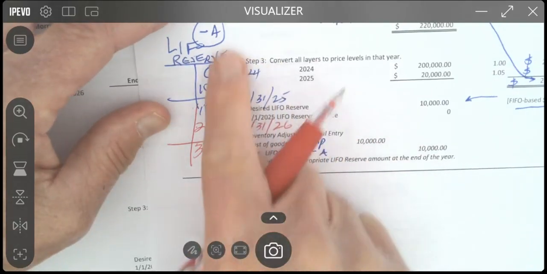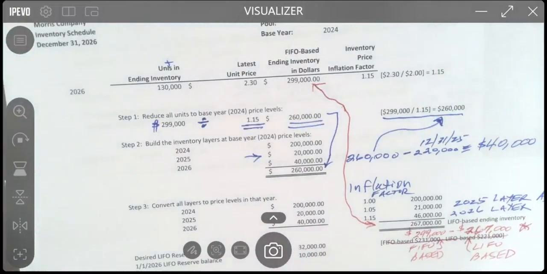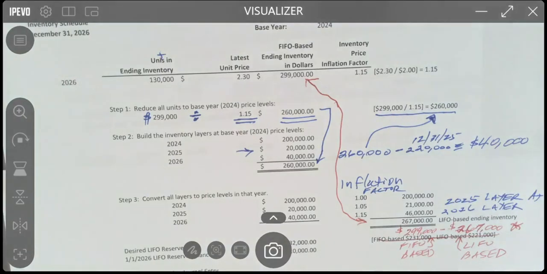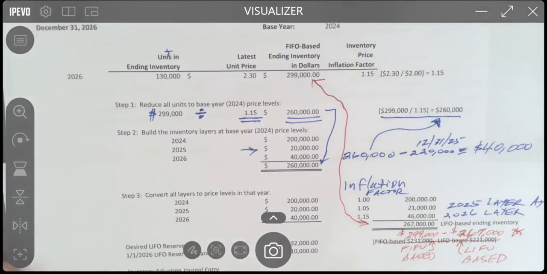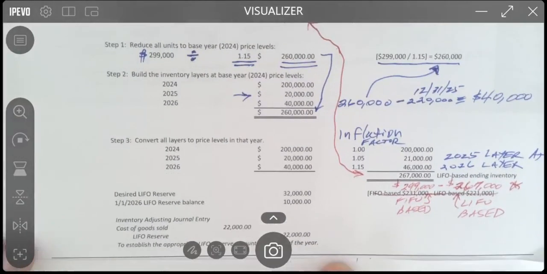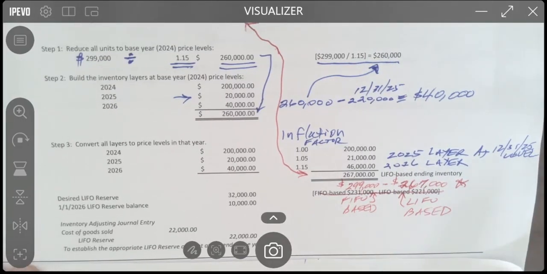There's your LIFO reserve T account. And we are done with the inventory accounting in 2026. And it's time to turn our attention to the last year in this illustration, 2027. Again, please pause the video and attempt 2027.